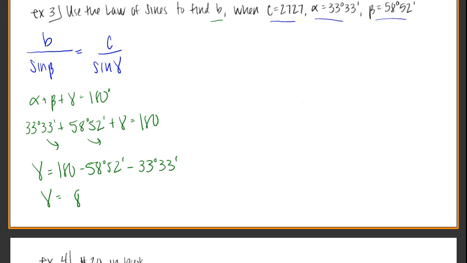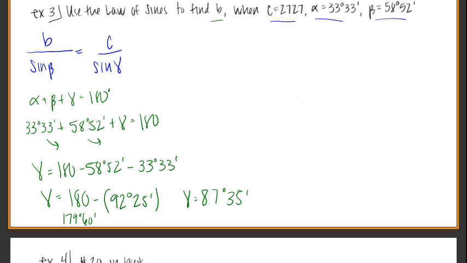if I combine these two together, 58 and 33 will give us 92 degrees and 25 minutes. So if we subtract that from 180, or if we change that to 179 degrees 60 minutes, then we'll get 179 minus 92 will be 87 degrees, and 60 minus 25 is 35 minutes.